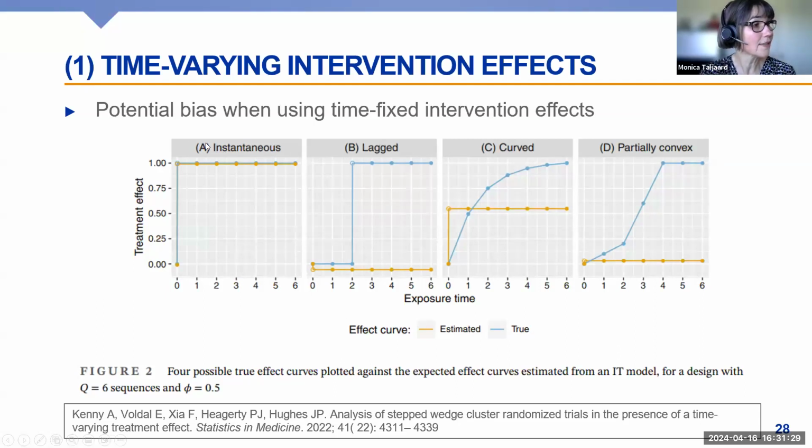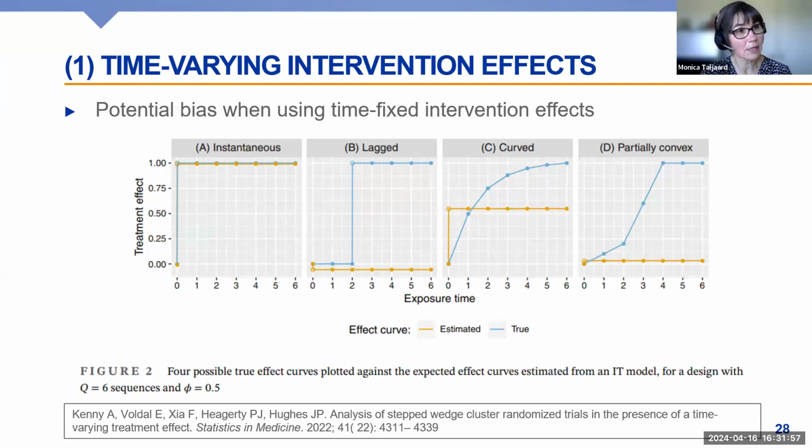The orange is the actual estimated intervention effect from the standard analytical model. And the very surprising finding here is that in the second scenario, the answer could be completely wrong, even in the wrong direction, in the opposite direction. So if we analyze this trial using the standard method, it could tell us that the intervention was actually harmful, whereas it's just a misspecified statistical model.